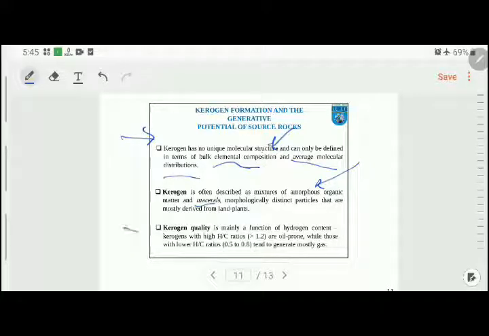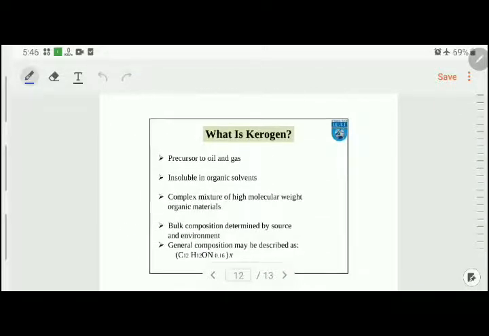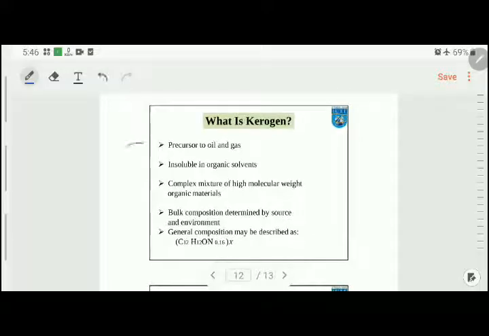Kerogen quality is mainly a function of hydrogen content, with high hydrogen to carbon ratios. What is kerogen? It is the precursor to oil and gas, also insoluble in organic solvents.